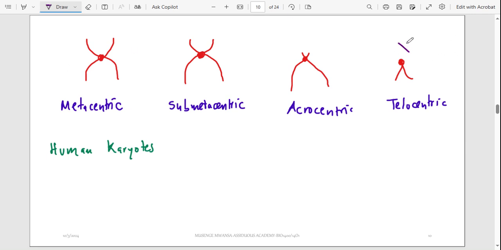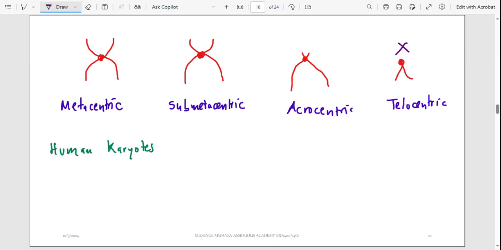This one is not in humans, okay, but these others can be there. A karyotype is just one way of representing all the chromosomes in a cell. And each cell in our body, except the gametes, has 23 pairs. Now, the gametes don't have 23 pairs. Take note of that. All right.